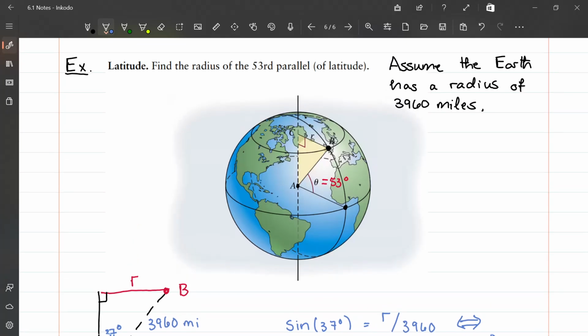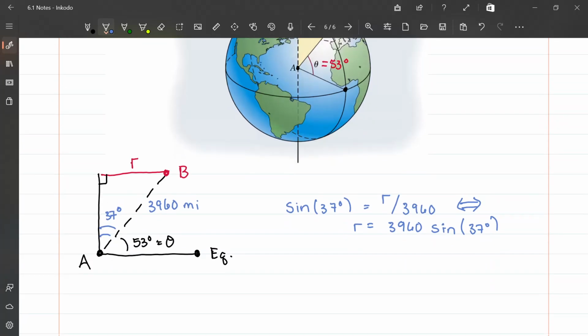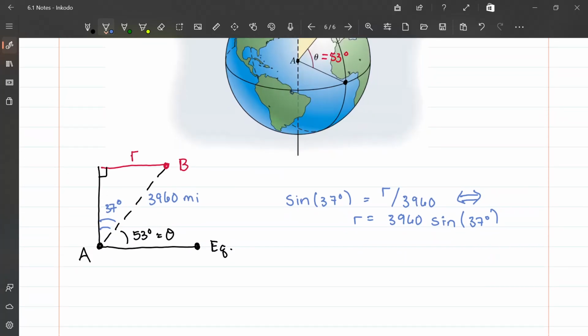Okay, I believe this problem wants us to find, it doesn't say here, but let's go ahead and make this easy on ourselves. Let's round this out to the nearest mile. If I put this into the calculator, then I quickly find that r is approximately 2,383 miles.